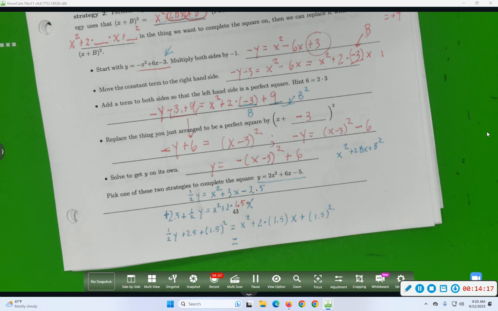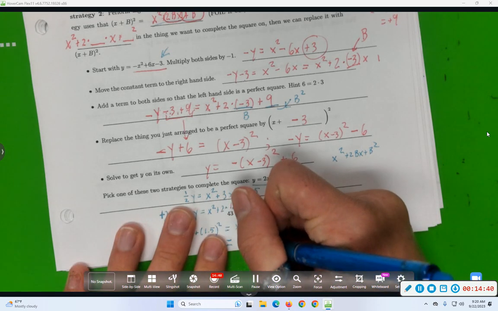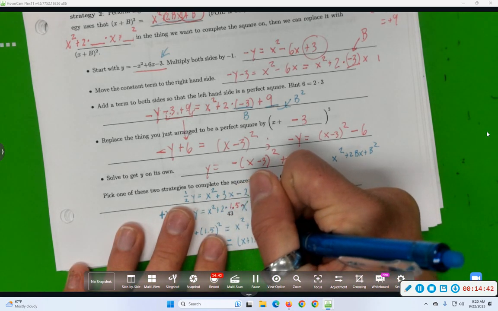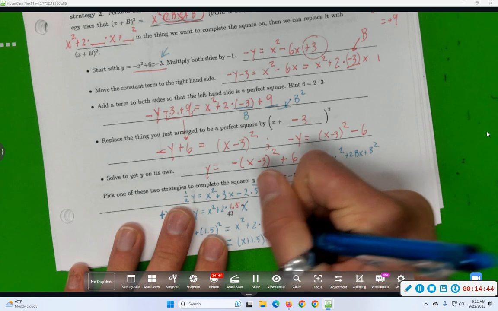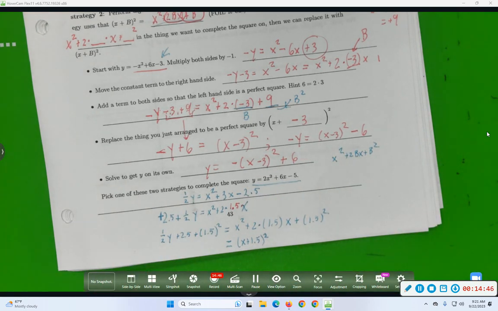Is it now x squared plus 2 times b times x plus b squared? What b? 1.5. So that means I can rewrite this as x plus b quantity squared with b equals 1.5. Neato. Feel good right now?